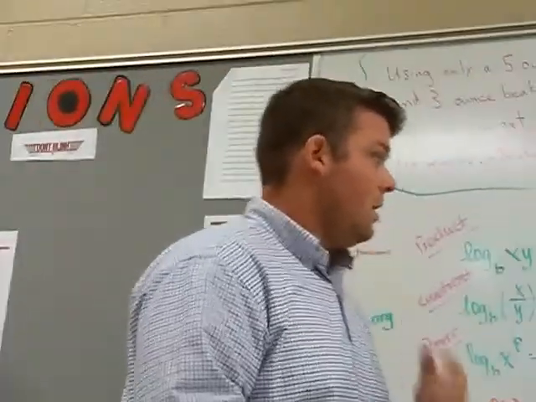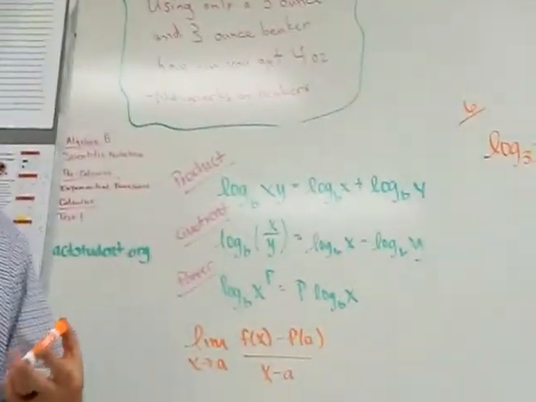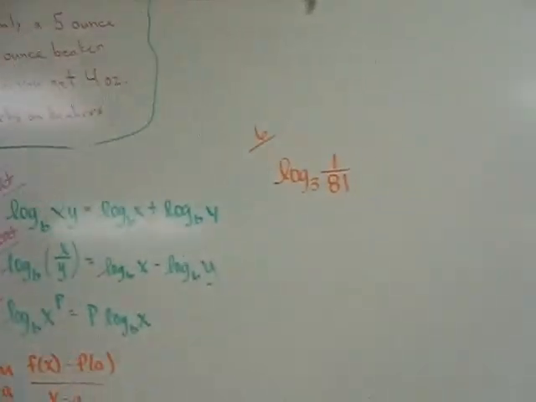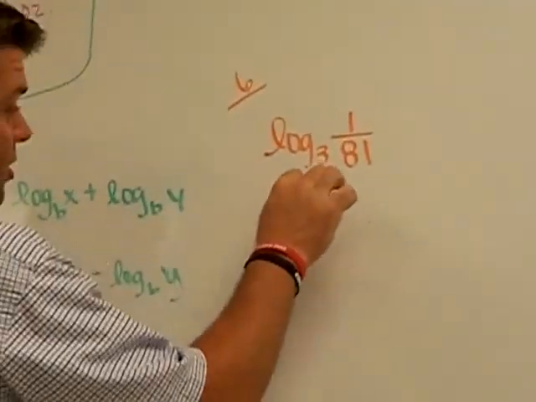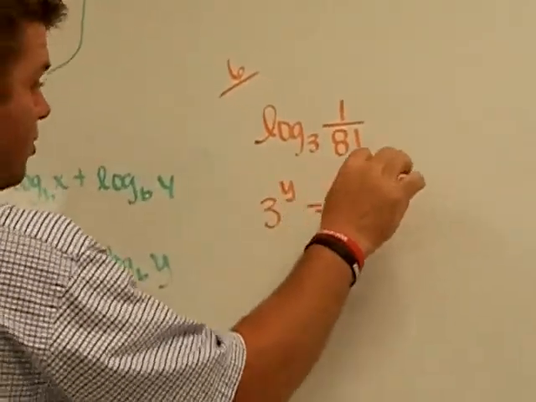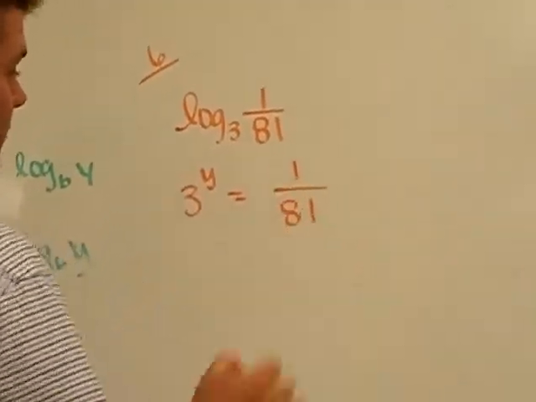The log base 3 of 1 over 81. Okay, so what I want to do is change this and put it in exponential form. Because when I do, I've got 3 as my base, so you have 3 to some y exponent equals 1 over 81.